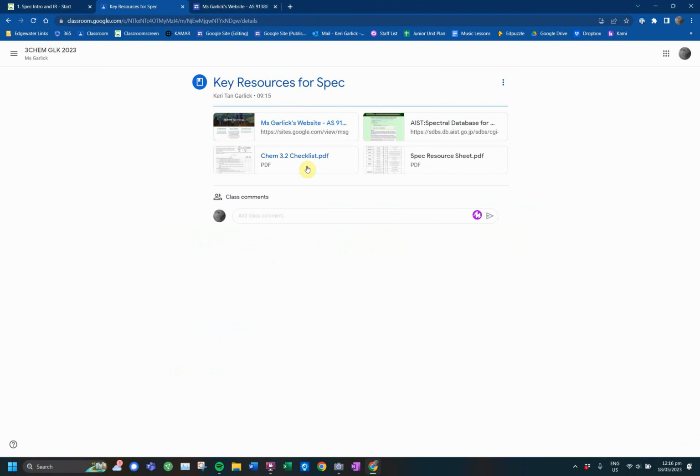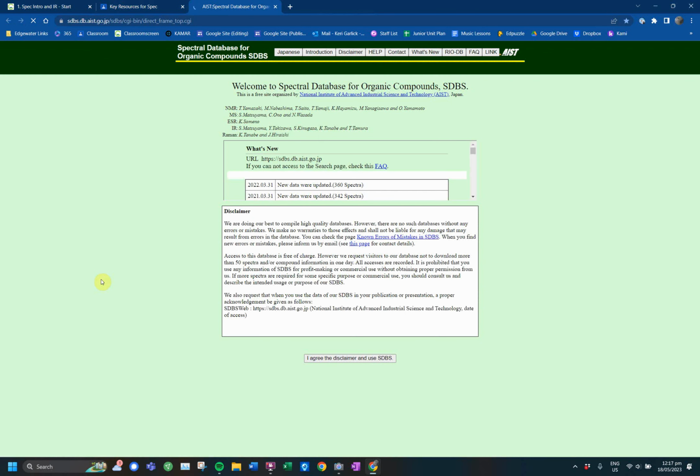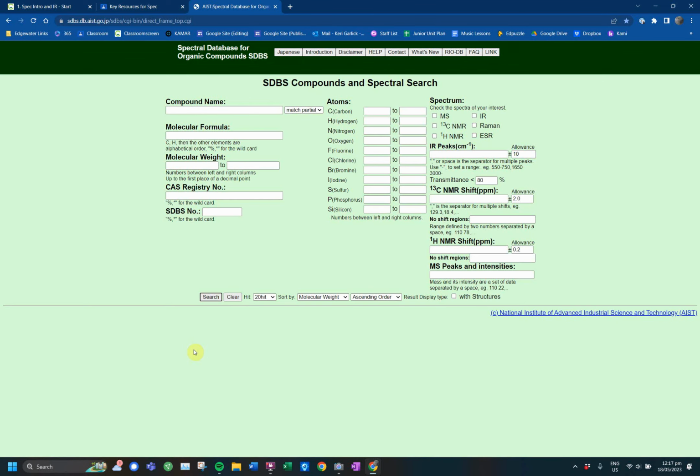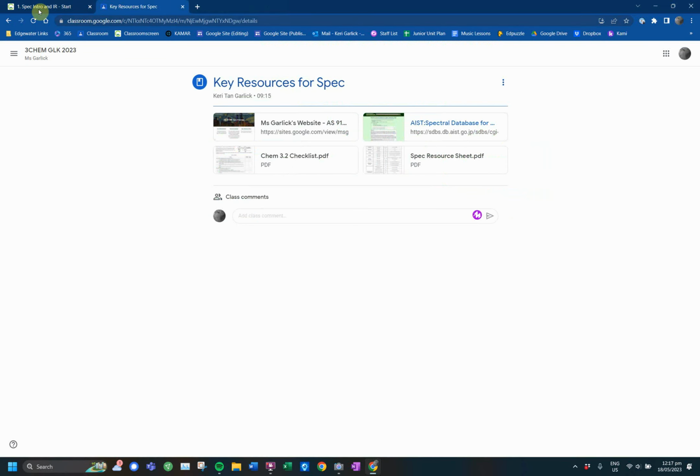There's the checklist, there's the resource sheet, and this website here is where you can look up spec data. That's really useful if you want to get an idea of molecules and see a lot of examples. You can type in molecular formulas or compound names, and pull up data to look at. This is where I get all my data from that I make on these sheets. I share that with you so you have a chance to look things up.